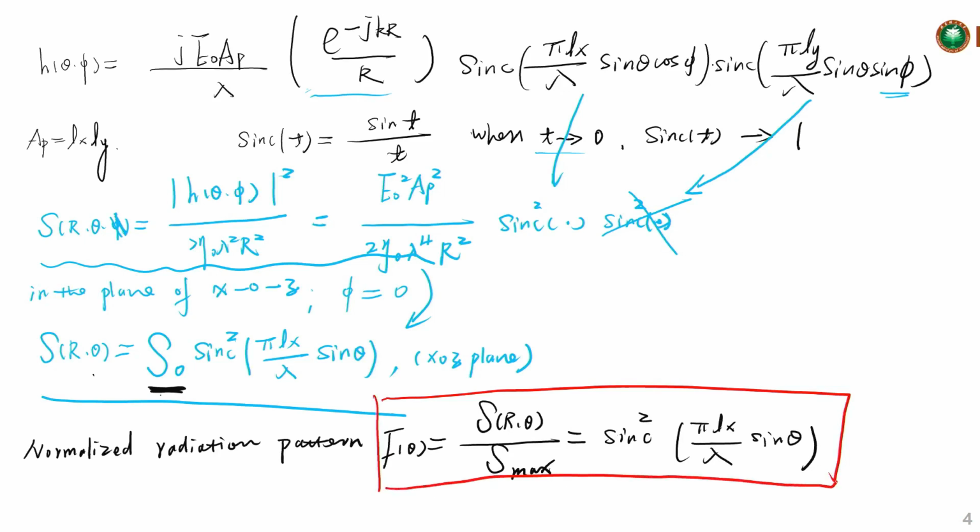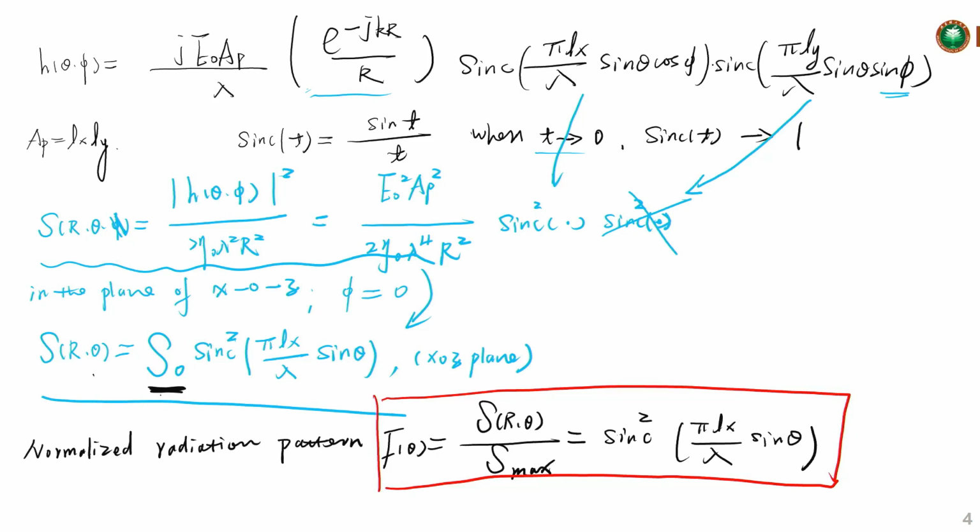Usually if we want to analyze the radiation pattern of an antenna, and we do not have the exact parameters of its dimension or its radiation pattern, we usually use a sinc function to represent that. All right.